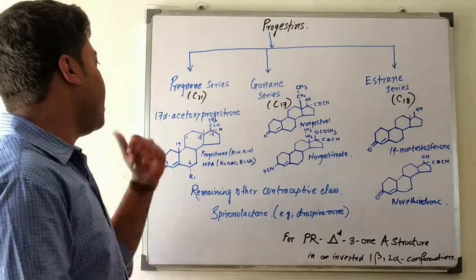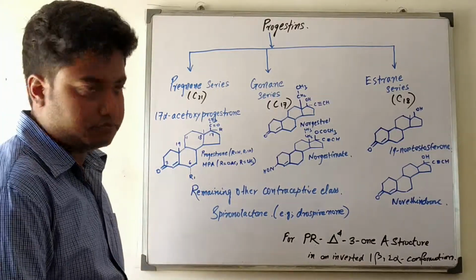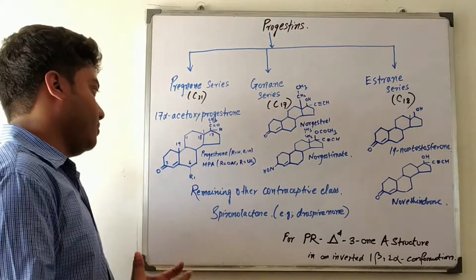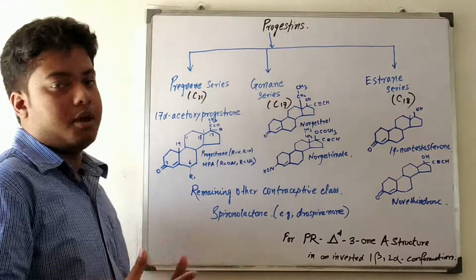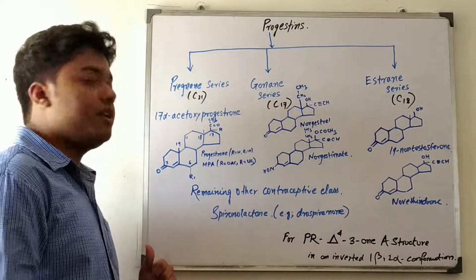In the pregnane series, we have 17 alpha acetoxyprogesterone. Now there are two types. In this class of compounds, we have progesterone, and in this class, we have medroxyprogesterone acetate.